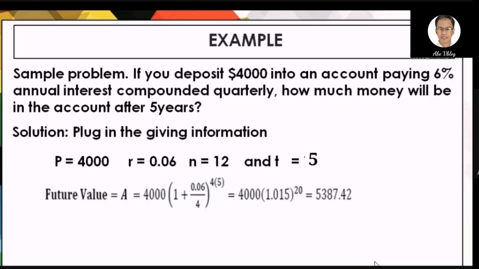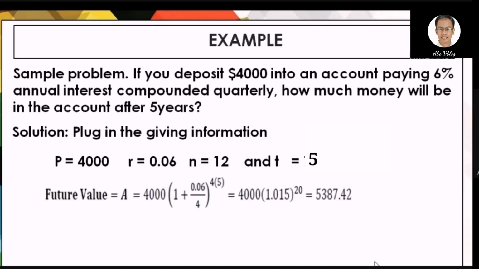So now we use the formula A is equal to P times (1 plus R over N) raised to N times T. So we substitute the given values. A is equal to 4,000 multiplied by (1 plus 0.06 divided by 4) raised to the power of 20.